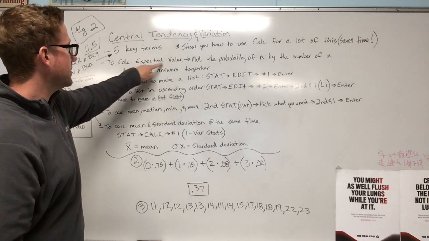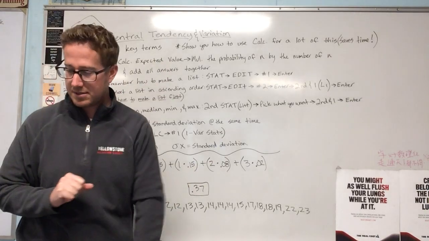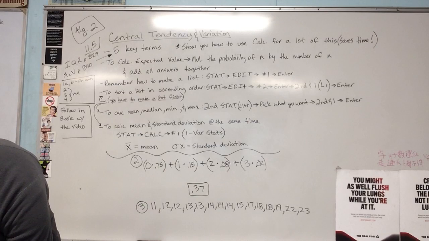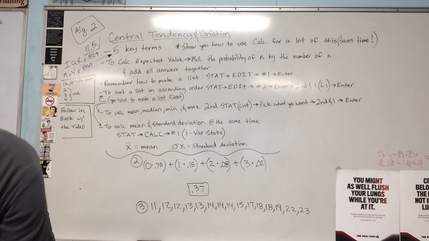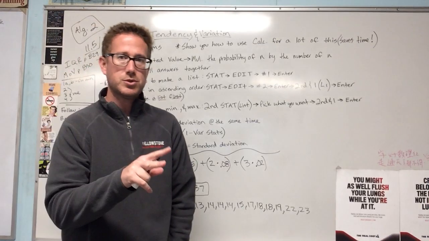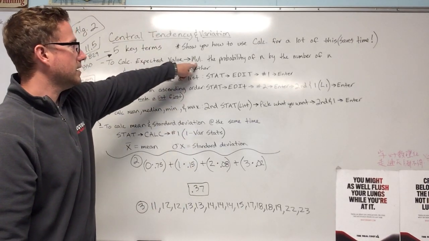To calculate expected value, go ahead and have the textbooks open to page 829. We're going to be doing the example 2 problem there, and this is how we're going to get it done.